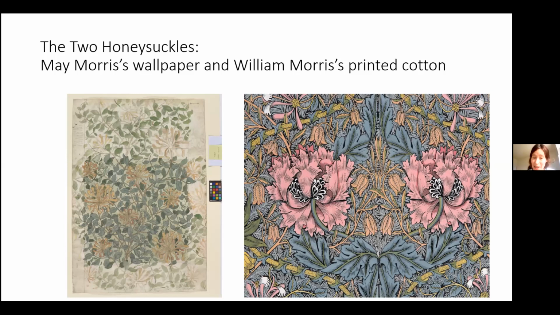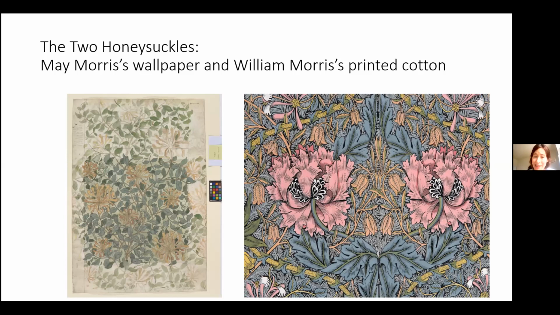And then the design by May Morris has featured not only in that Arts Council exhibition that toured around the UK, but it also featured prominently in a May Morris exhibition, firstly at the William Morris Gallery in Walthamstow, and then it toured to the Dovecot Studios in Edinburgh.